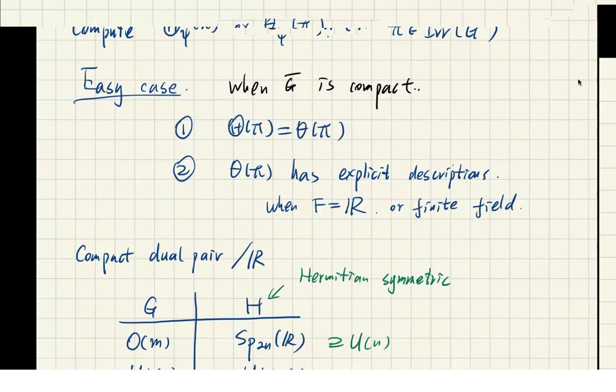Okay, so first of all, let's recall that when G bar is compact, the irreducible representations of G bar are unitarizable, right? These are unitary representations when G bar is compact. And then as a topological space, this is just a discrete set.